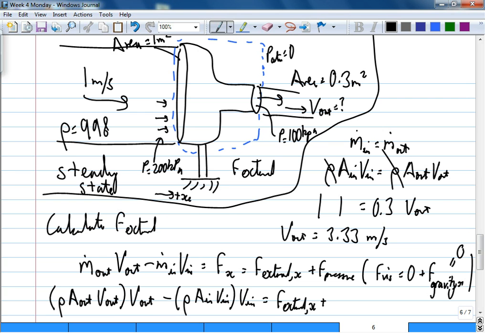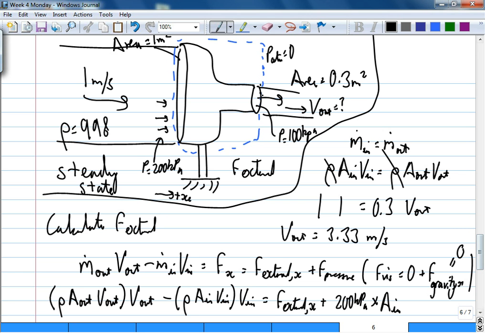So the pressure force on the left hand side is the pressure here, 200 kPa, times A in. Pressure times area is a force. And it's positive because that force from outside acting in will be from left to right. It's in the positive direction. Is that okay?